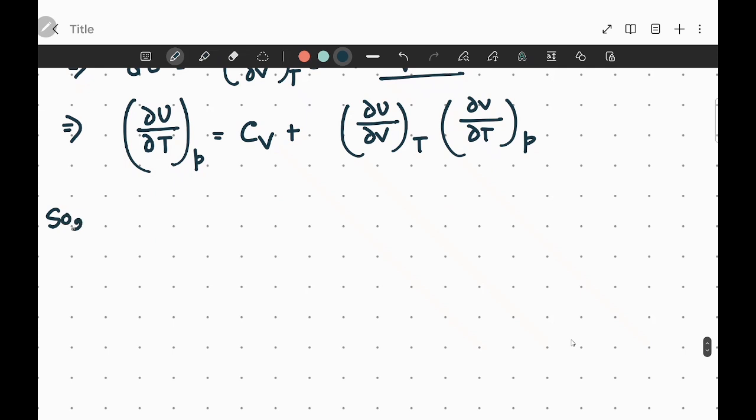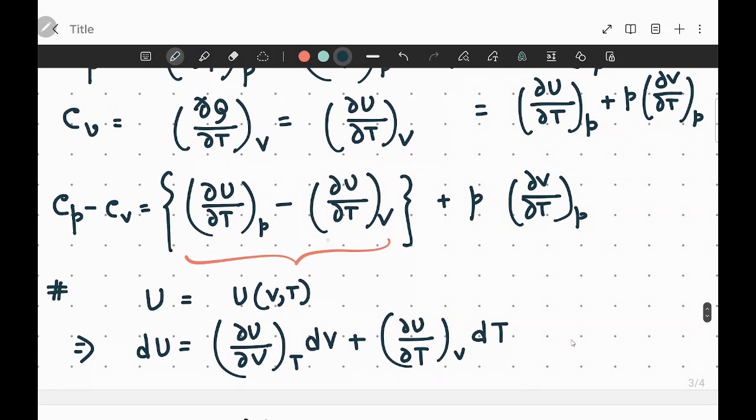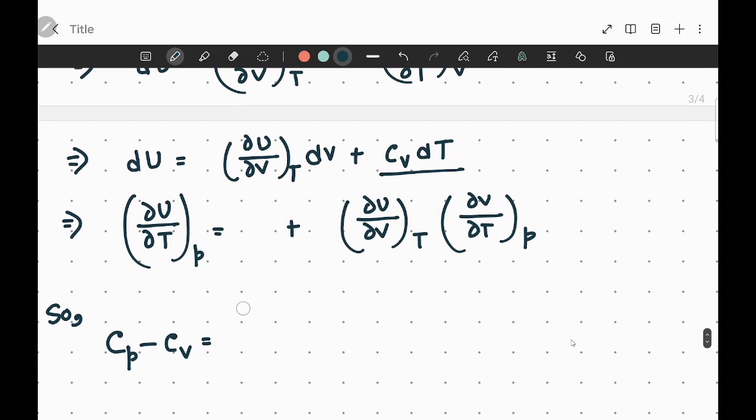CP minus CV, you have to take the difference between these. This is eventually CV, and what was CV?